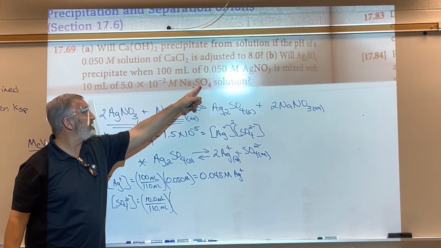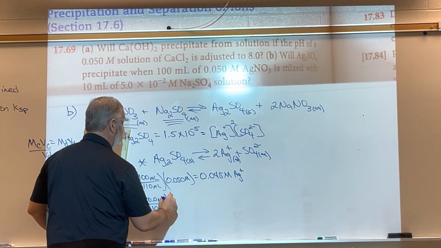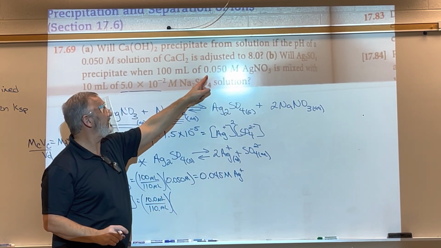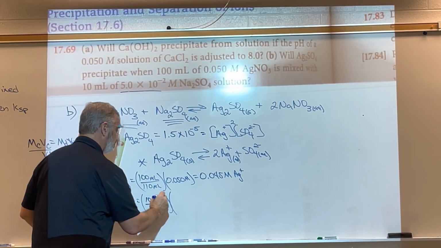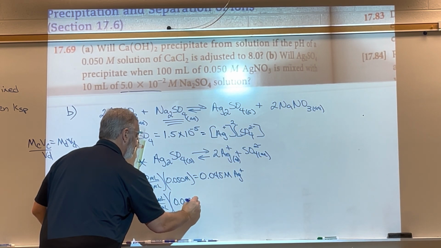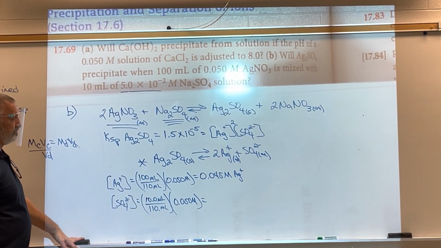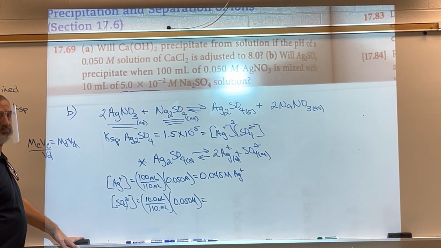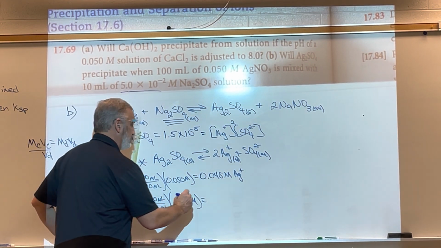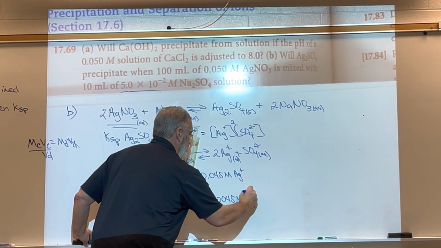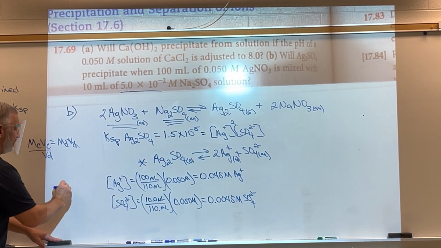But I'm only interested in the sulfate, and it's a 1 to 1. 5.0 times 10 to the minus 2 is exactly the same thing as 0.05. So 0.0045. Okay, so these are my diluted concentrations.